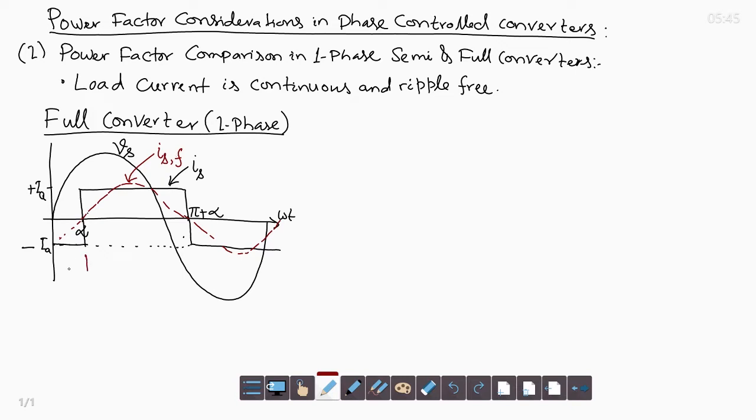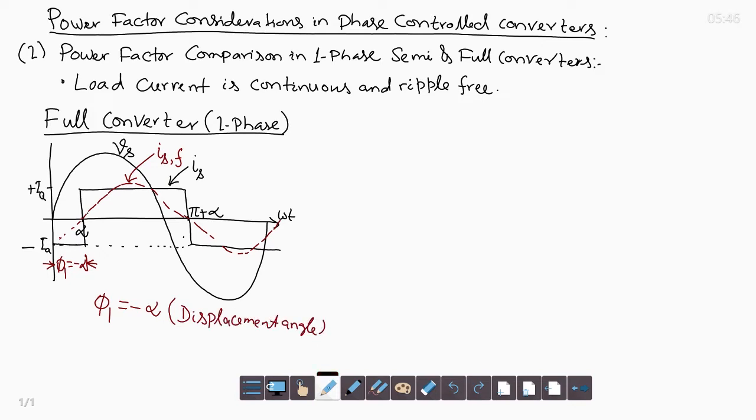The phase angle between the fundamental component of the source current and the supply voltage is phi 1, that is minus alpha. So the source fundamental component is lagging by alpha. This is called the displacement angle.